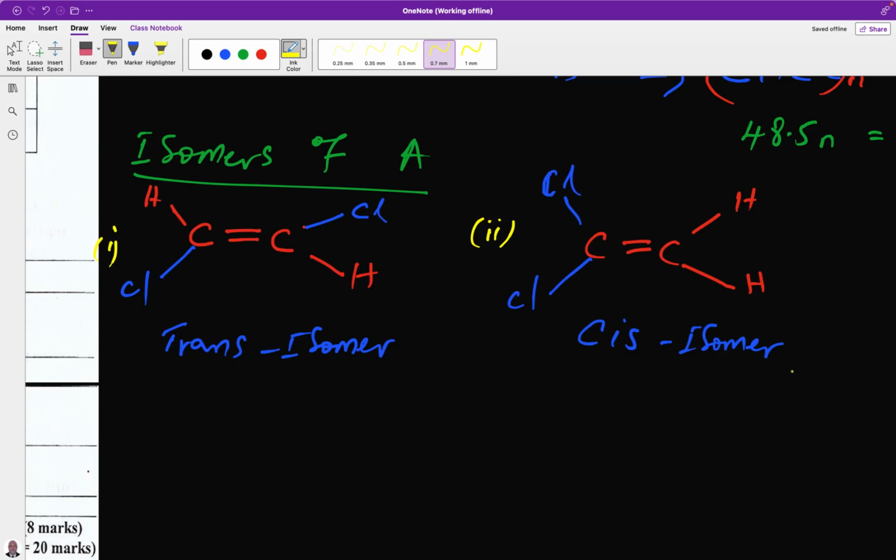Trans and cis isomers only exist in compounds containing double bonds. And why so? As I said, it is a result of non-rotation about the carbon-carbon double bond. That's why isomers exist in alkenes, because there's no rotation about the carbon-carbon double bond.